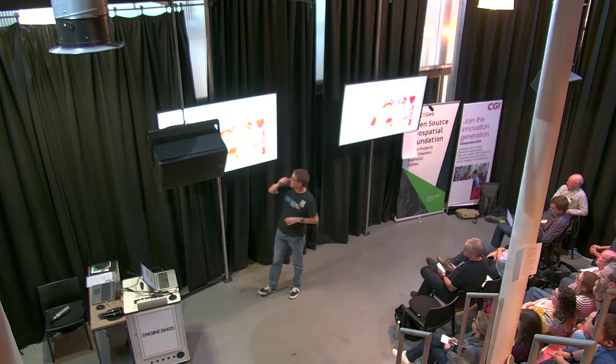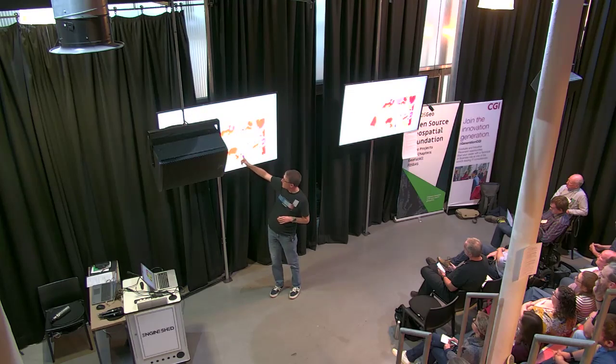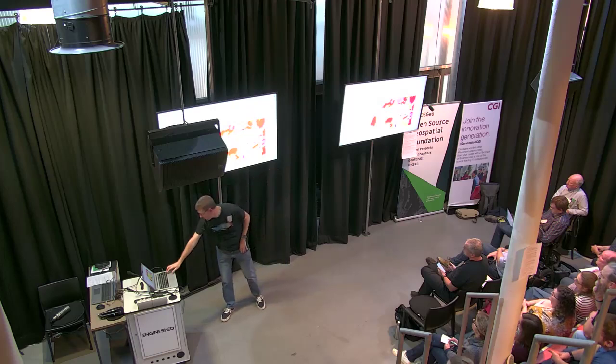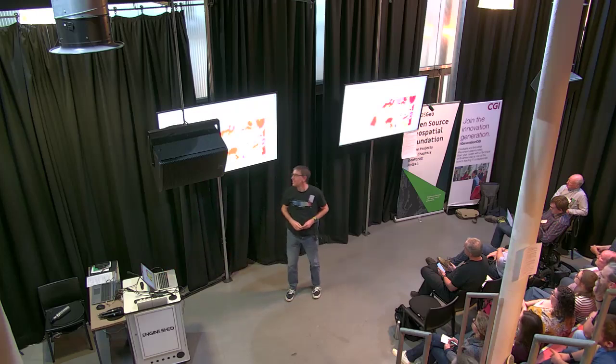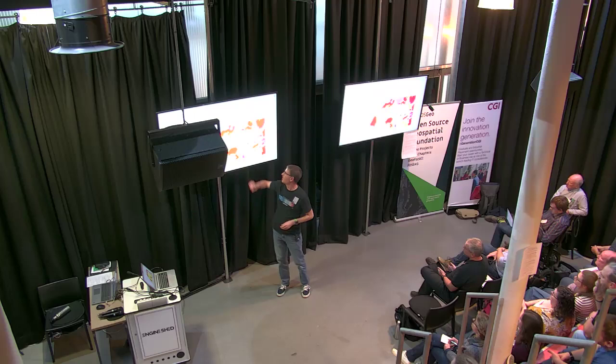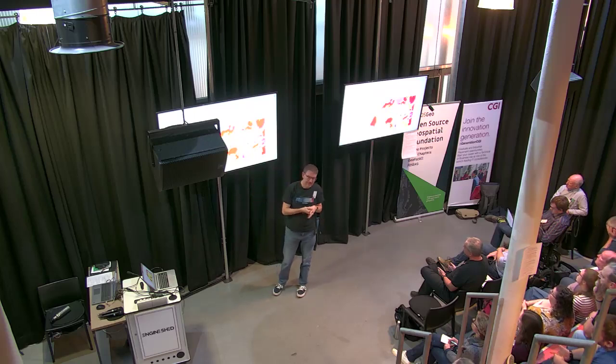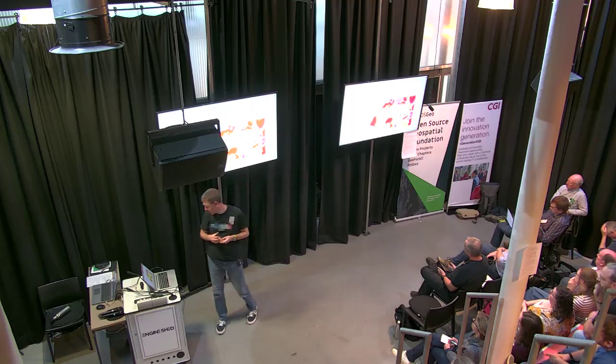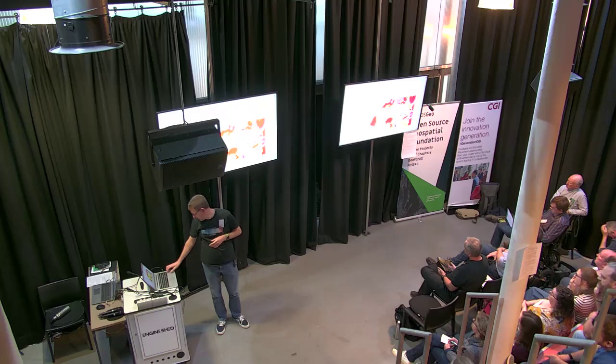This is Nailsea, this is Clevedon, this is Portishead. And if we flick back, if you just wanted to say, where is Nailsea? That would be a pretty good outline. Where is Portishead? That's a pretty good outline. So it's a useful data set in terms of being able to very quickly define different areas.